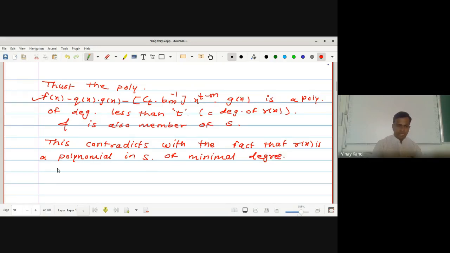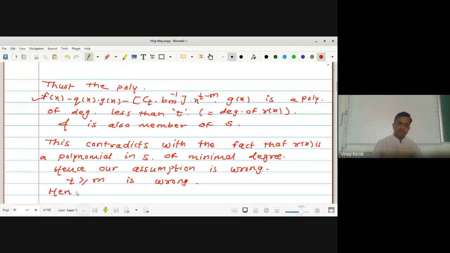Hence our assumption is wrong. What is our assumption? t is greater than or equal to m is wrong.